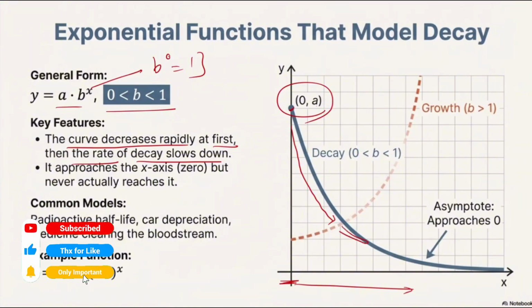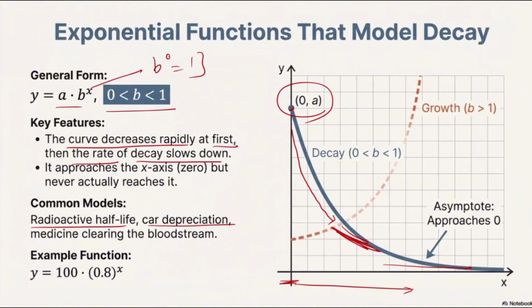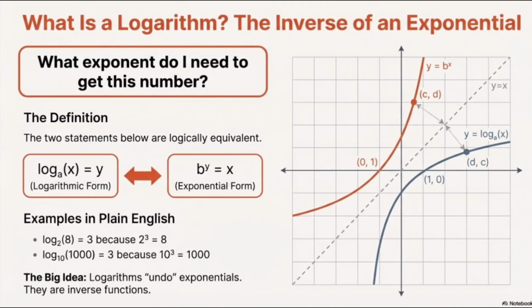We have an almost linear section, and then a very slow decrease. Common models that we use for this are radioactive half-life, car depreciation, etc. An example that we can have is 100 times 0.8 to the power of x. You can just draw it by giving some numbers to your x value and finding y itself.